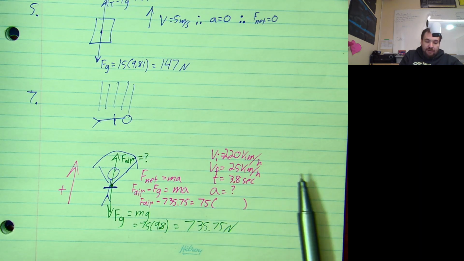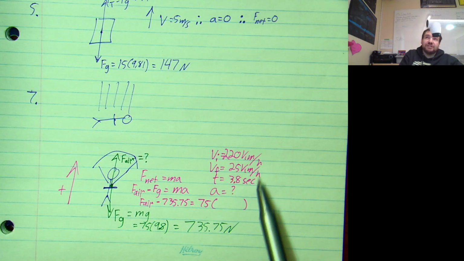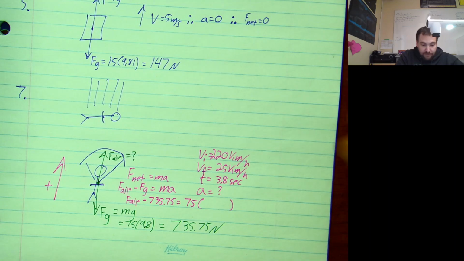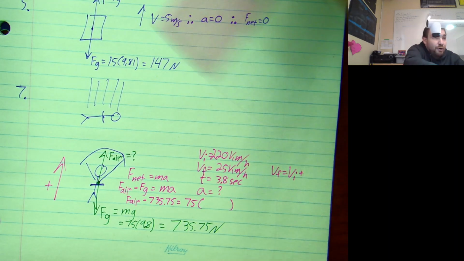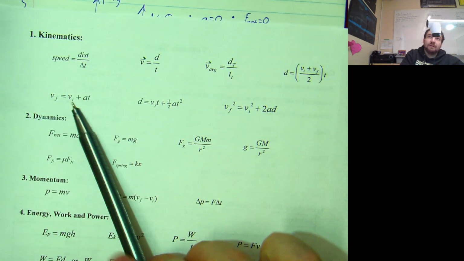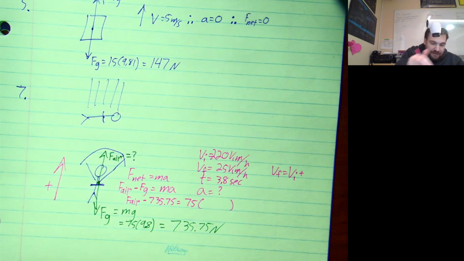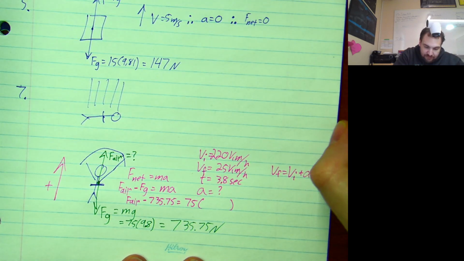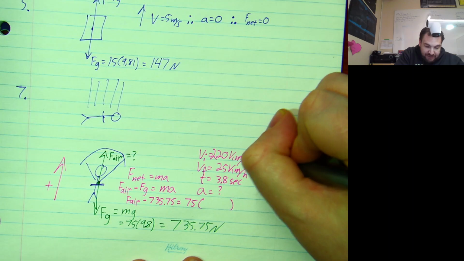So then, how would we find the acceleration given this data? VF equals VI plus, if you don't remember, we've got our formula sheets. VF equals VI plus AT. We can't use either of these values.